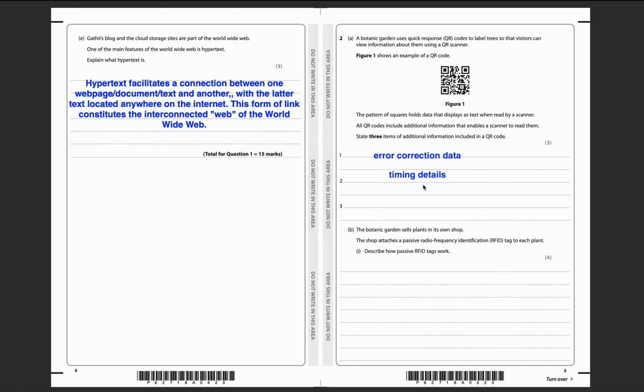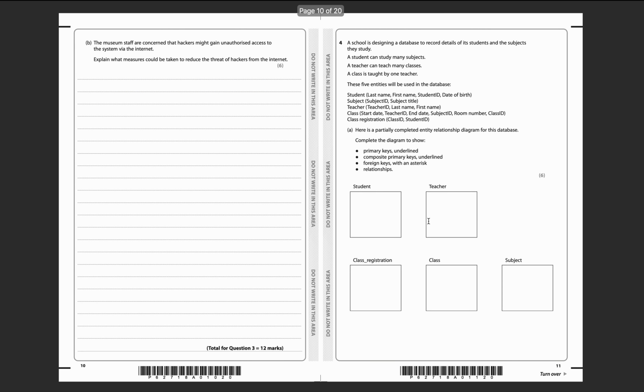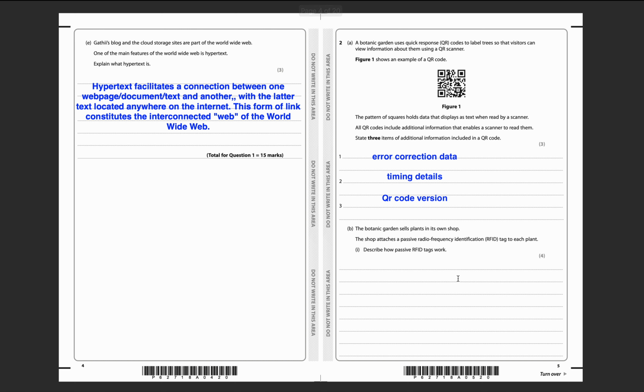The second one will be timing details, and the third one is QR code version. Okay, so now move to B.